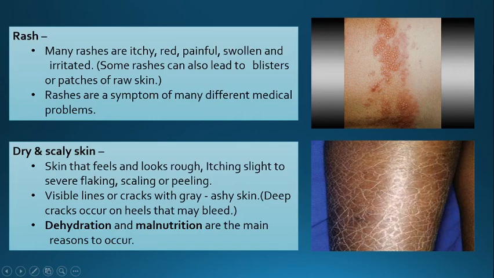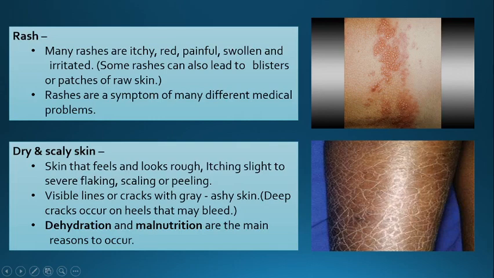The next one is dry and scaly skin. The skin feels and looks rough and itchy, with slight to severe flaking, scaling or peeling. These are the symptoms of dry and scaly skin.